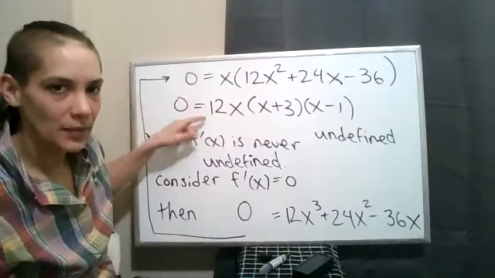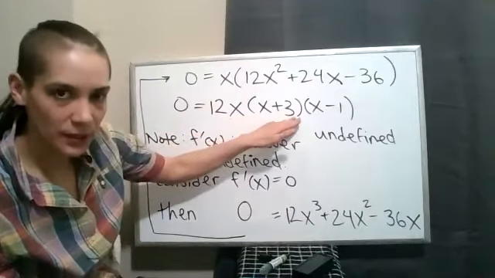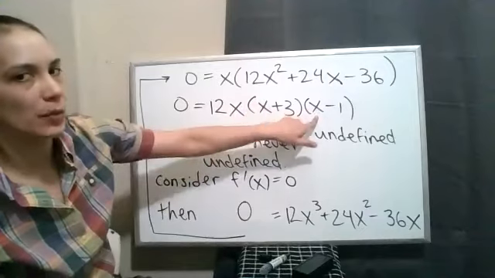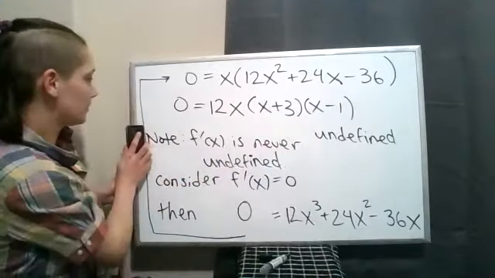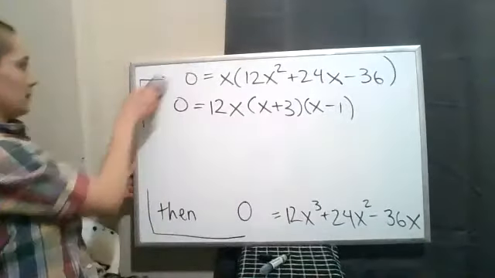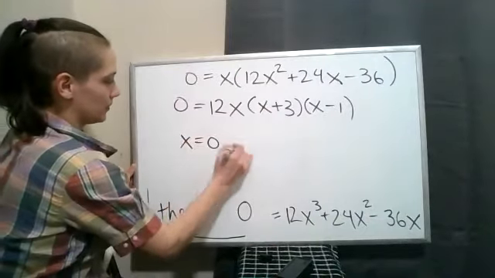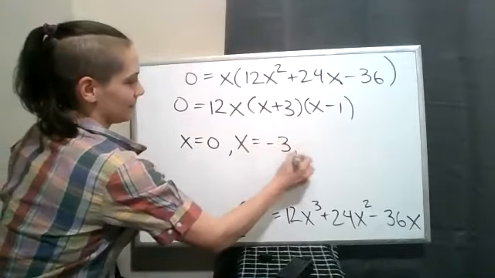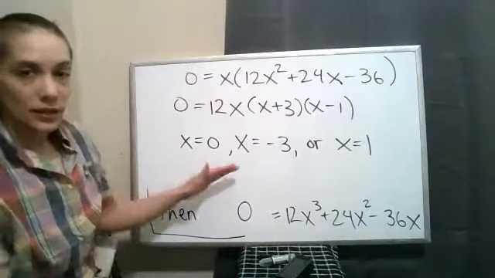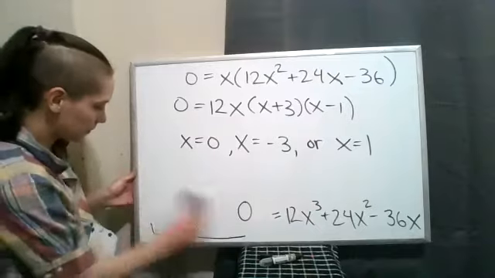So sort of skipped a step, but we're just going to keep on going here with 12x times x plus 3 times x minus 1 equal to 0. So x is 0, negative 3, or positive 1. Cool. So those are the critical numbers, which we'll use to split up a sign chart.